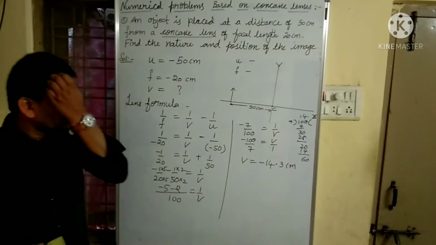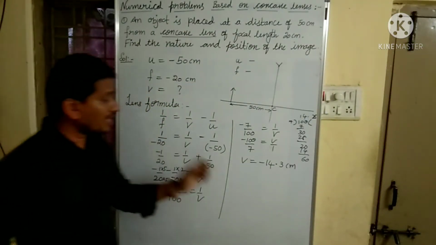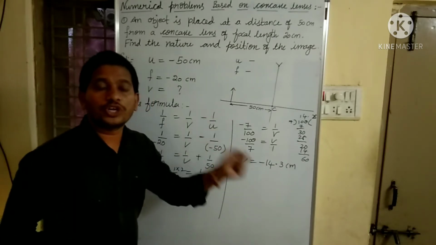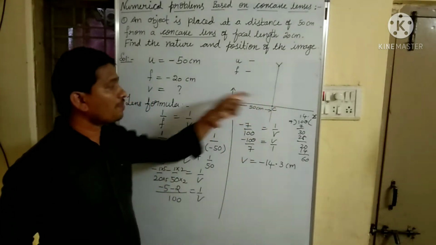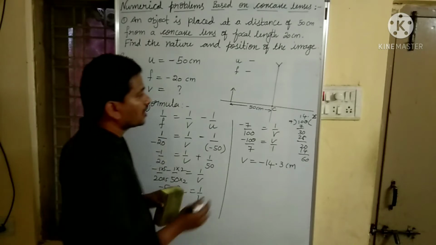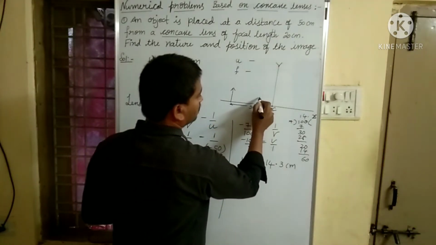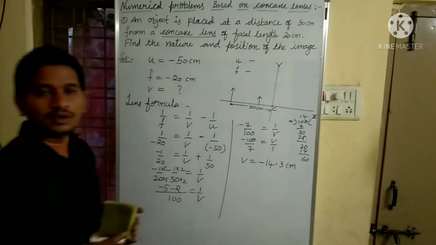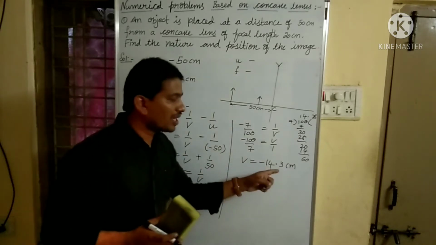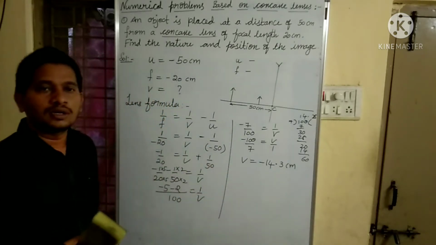Where will we get the image? We will get an image at a distance of 14.3 centimeter from the optic center, somewhere here.